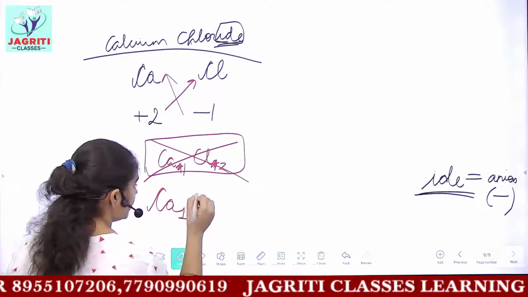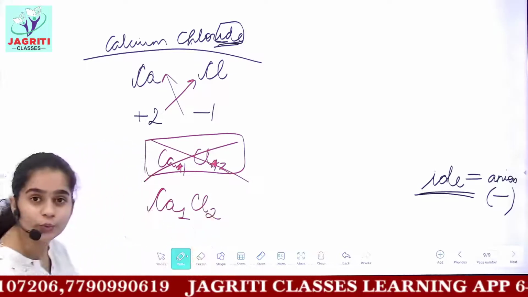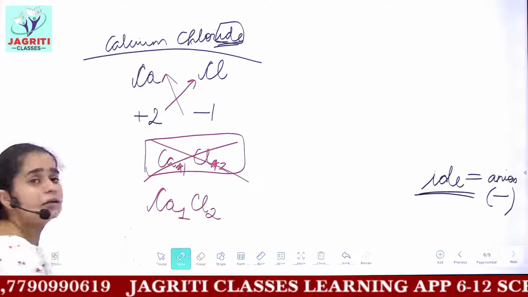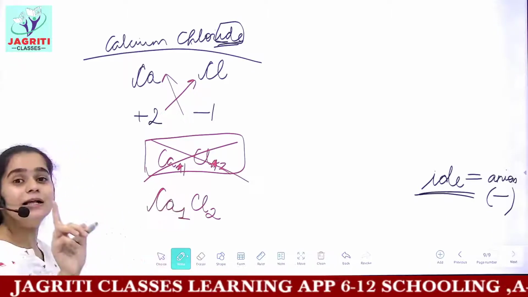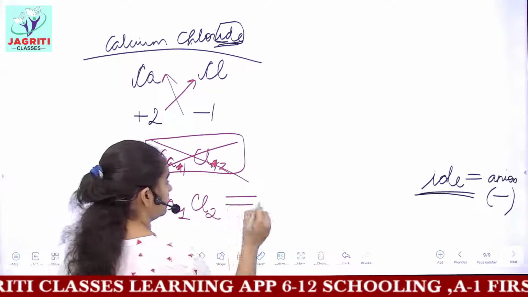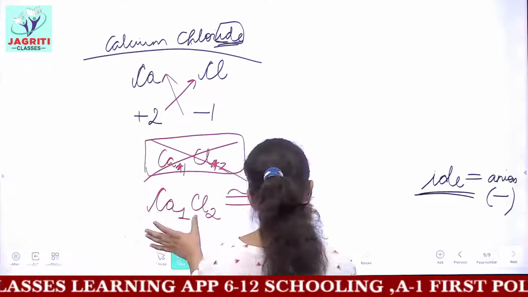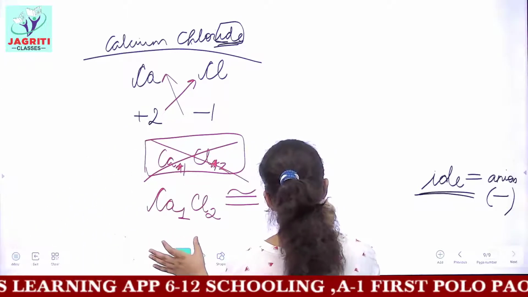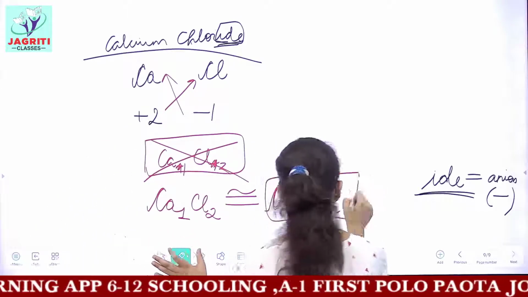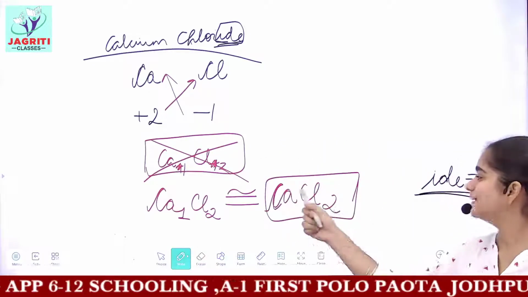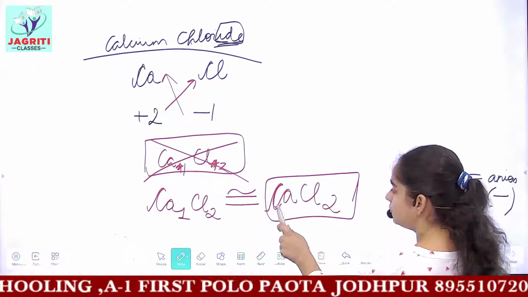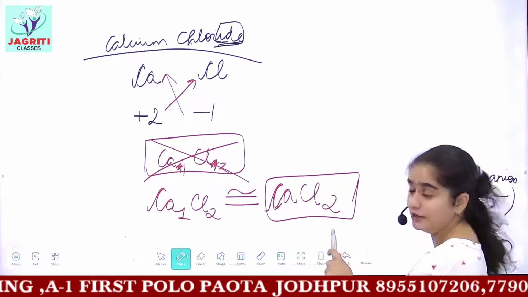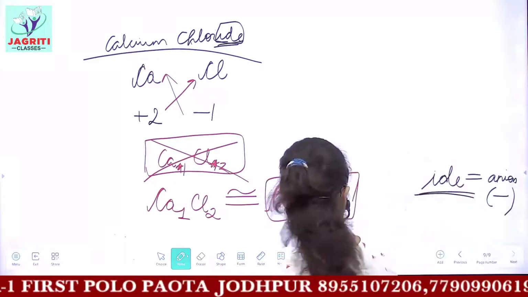Ca1 means there is already one atom of calcium denoted by the symbol Ca, so no need to write 1. This becomes CaCl2. So this is the final formula of calcium chloride. You see, in calcium chloride we have 1 atom of calcium and 2 atoms of chlorine.